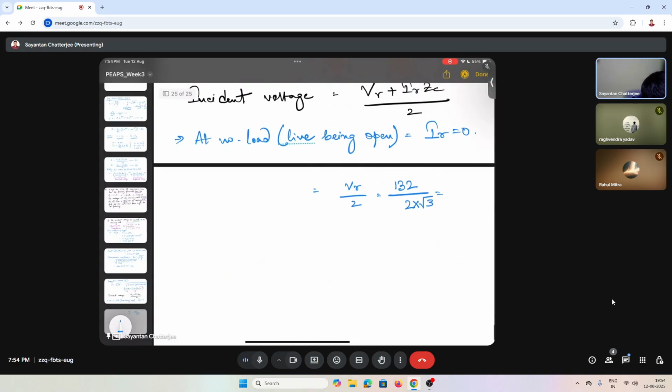And if you do this, it will be coming as 38.1 kilovolts. So I think it matches, right?